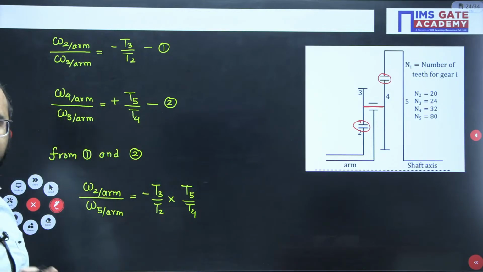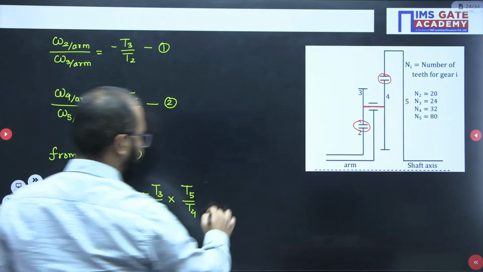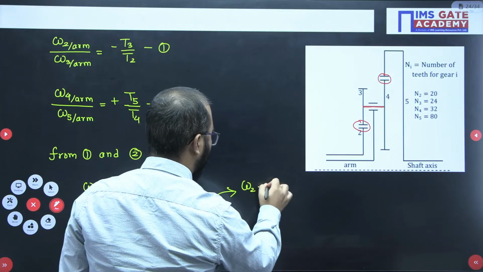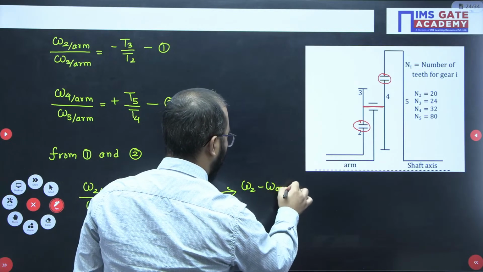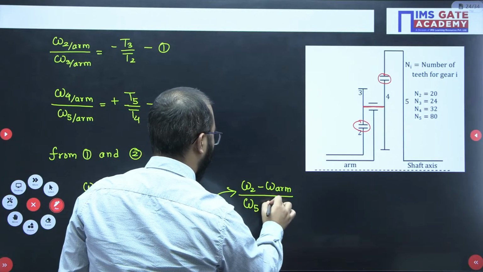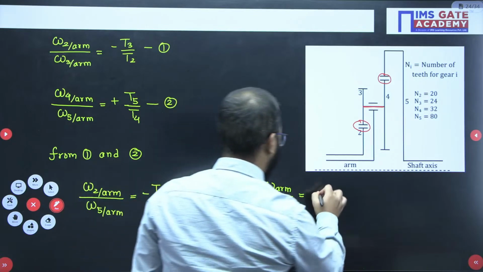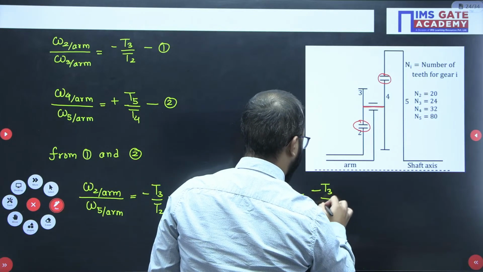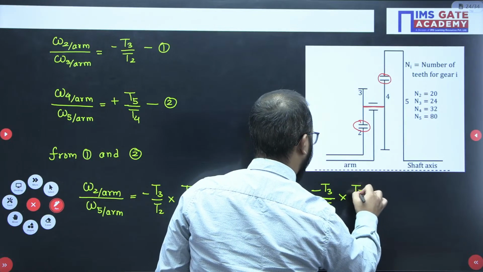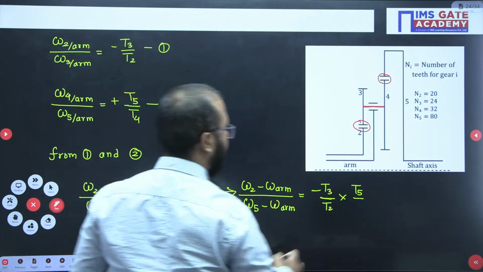Clear everyone? Now just expand this relation. Omega 2 minus omega arm divided by omega 5 minus omega arm equals minus T3 by T2 multiplied by T5 by T4. Now we can put the values in very easily.